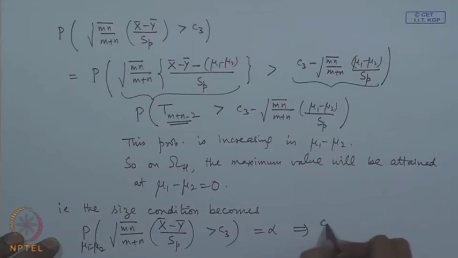So, this means c3 is nothing but t_{m+n-2, alpha}. You can compare it with the UMP unbiased test that we derived. This form is the same. So, in the likelihood ratio test, some part is slightly different in the one sided testing problems, but in the two sided testing problems this is exactly the same as the UMP unbiased test.